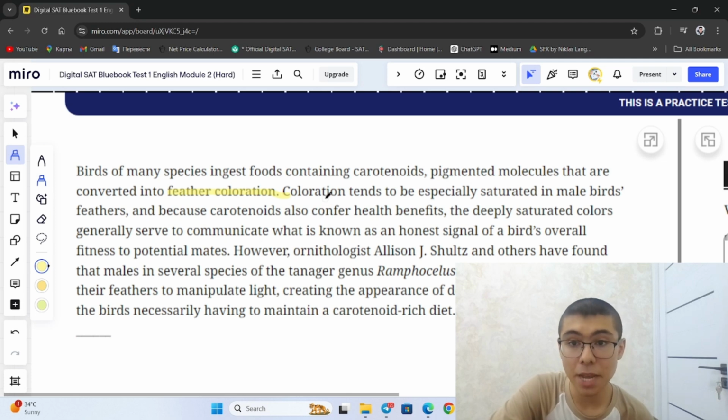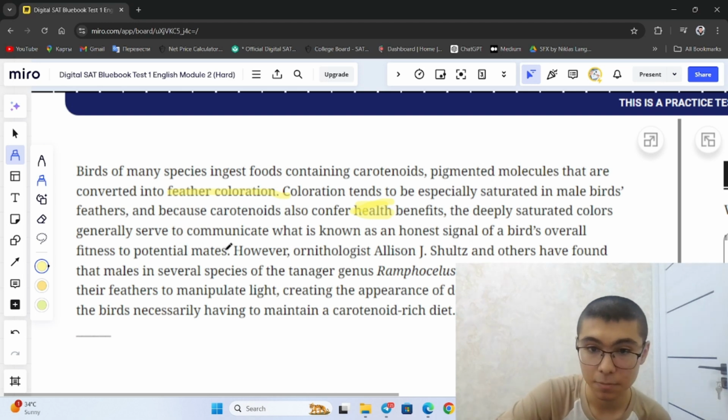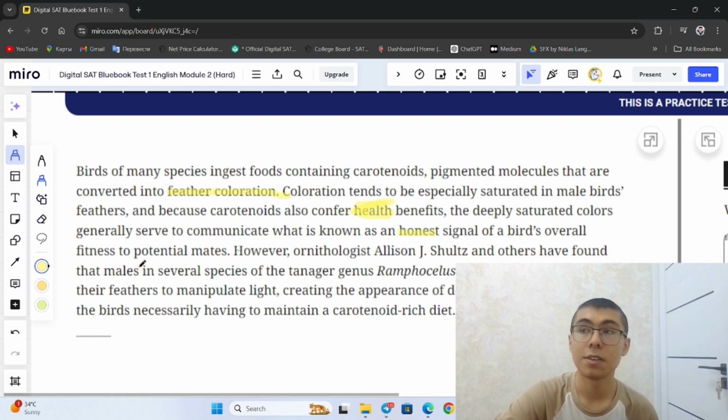Coloration tends to be especially saturated in male birds' feathers, and because they also confer health benefits, the deeply saturated colors generally serve to communicate what's known as an honest signal of a bird's overall fitness to potential mates. Okay, it's an honest signal of the fitness.